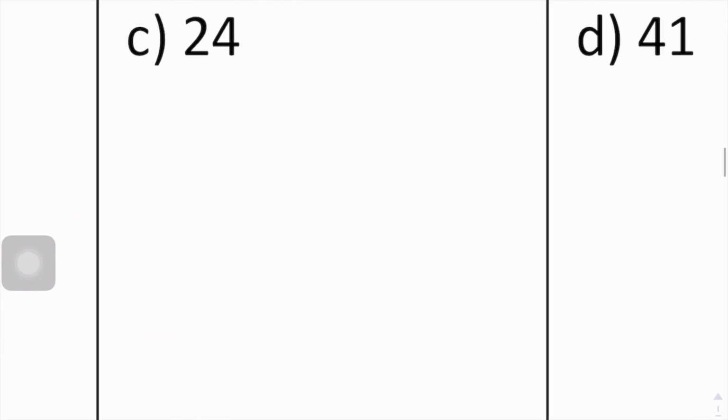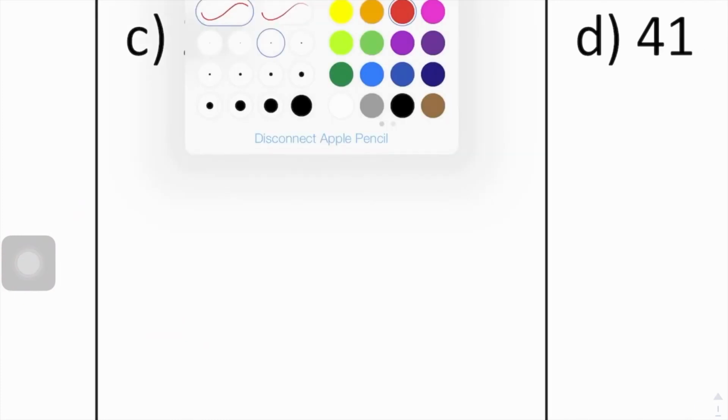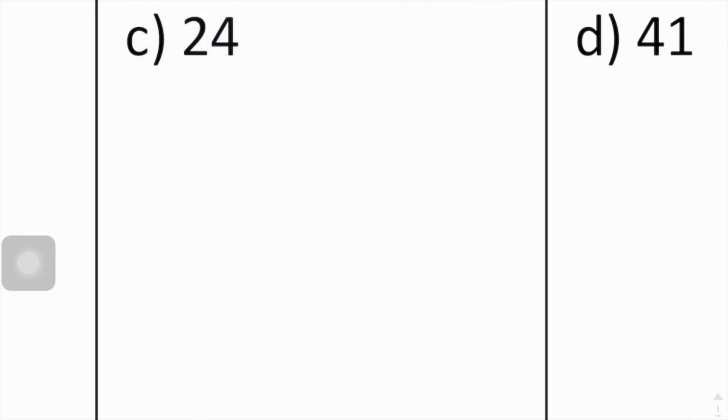Taking a look at 24 next. 24, two numbers that multiply to 24. For me, what comes to mind? 2 and 12. Now again, you might have something different like 8 and 3 or 4 and 6. All of them are valid.